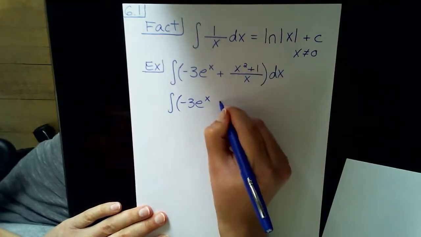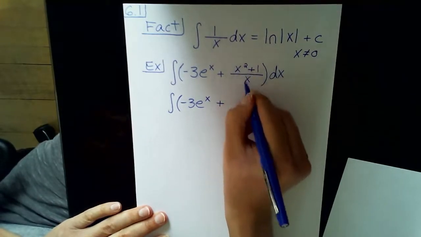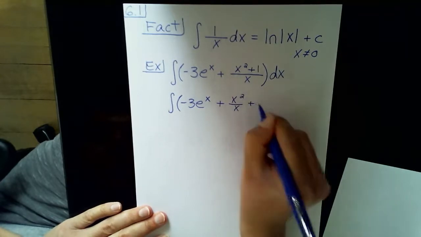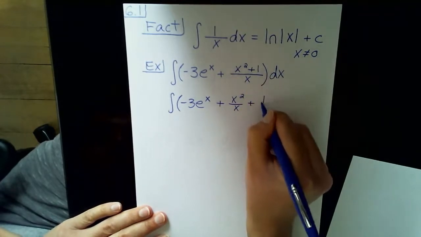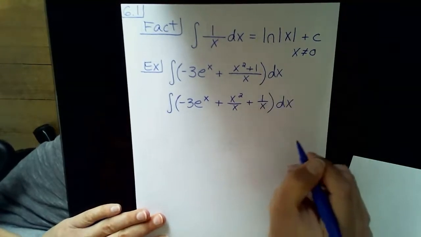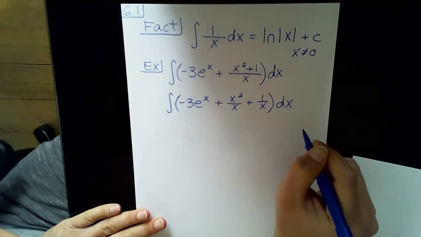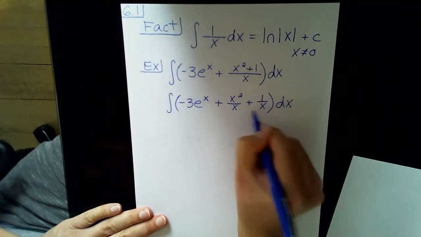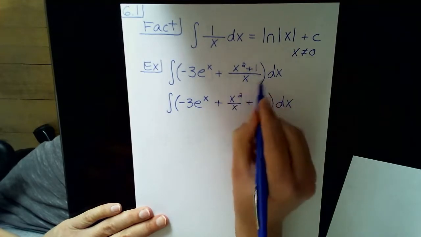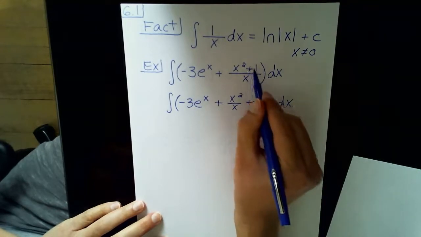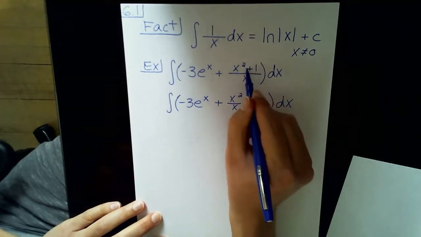So we would get plus x squared over x plus 1 over x dx. Notice if we were to add these back together, we would get x squared plus 1 over x, which is exactly what we started with. And again, that only works if the addition or subtraction is in the top.